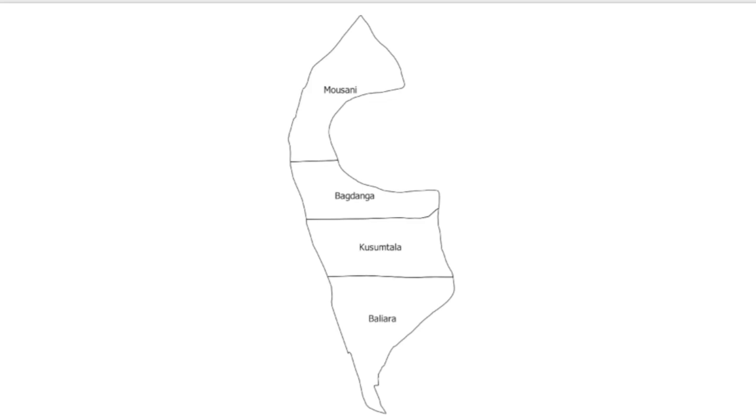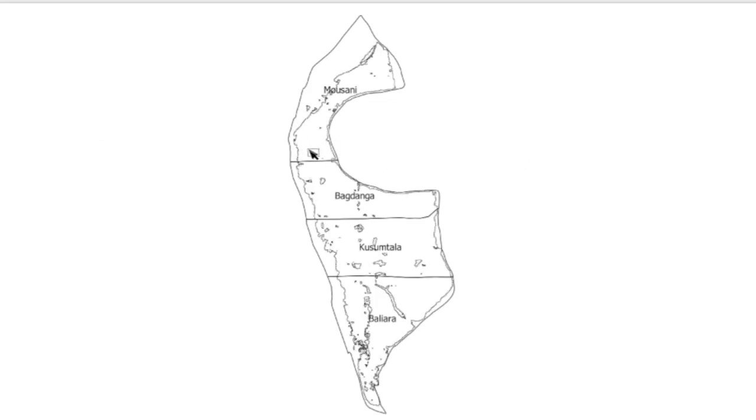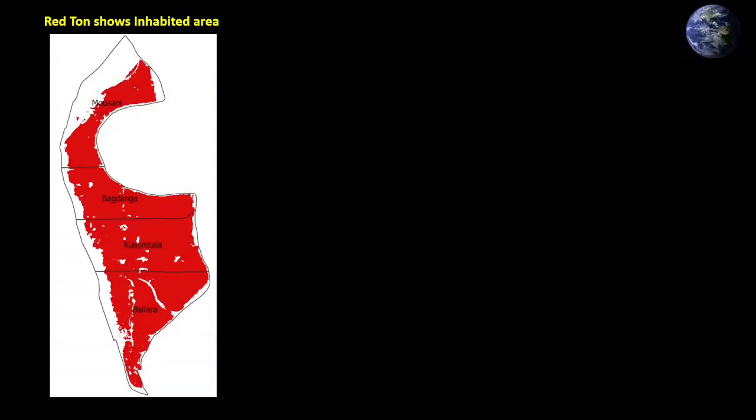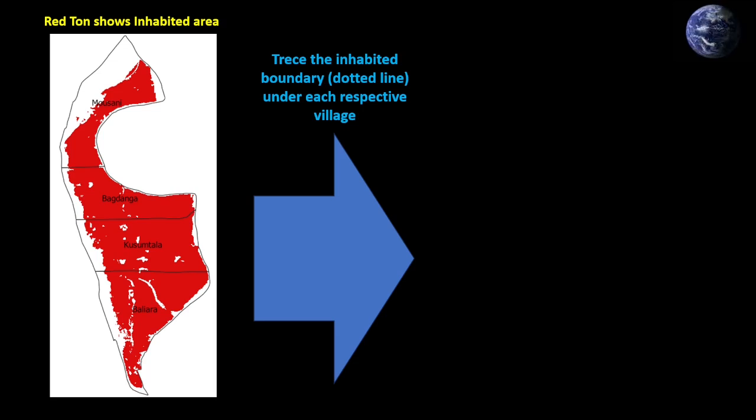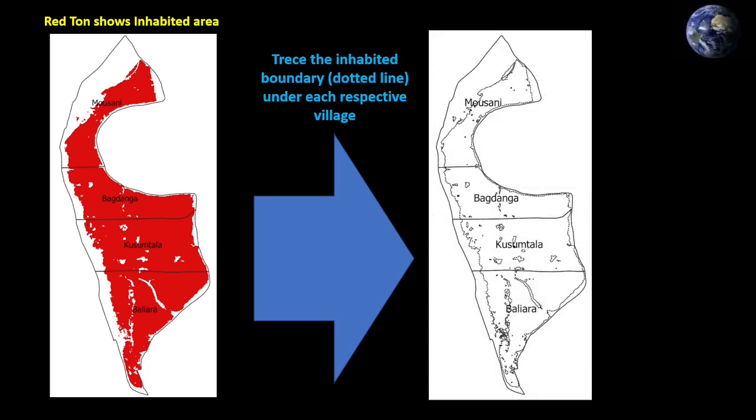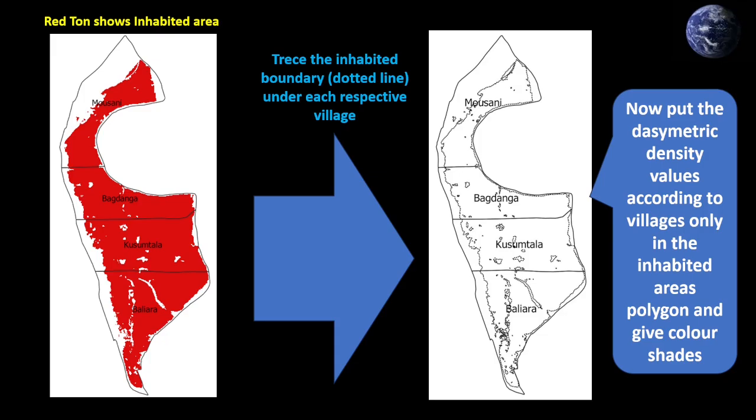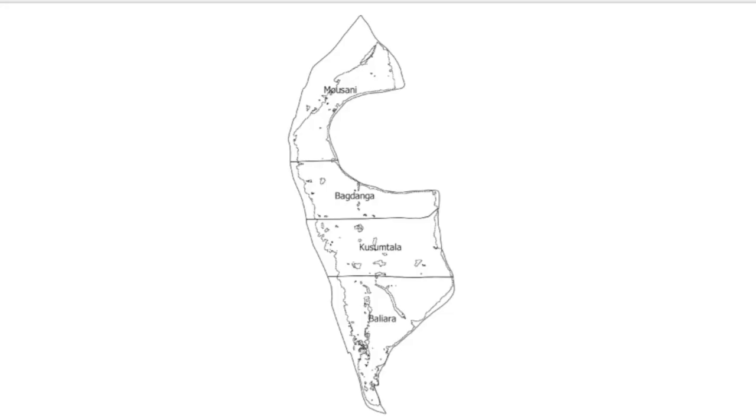Now coming into mapping. Begin by obtaining the inhabited area map and tracing its outline. Next, overlay the traced polygon onto the village map. Finally, assign a color tint based on the density category.